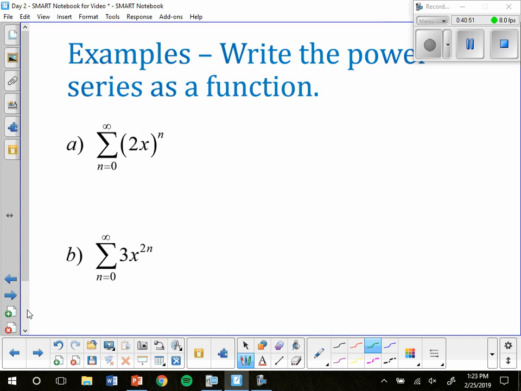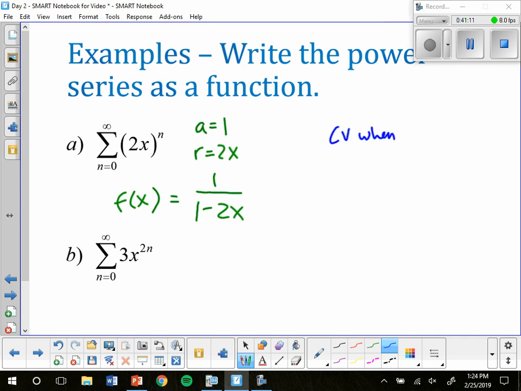So this is pretty easy. All I have to do is figure out what's a and what's r. So this should look like a over 1 minus r. That's what that looks like, and you're done. Except I want to know, when does it look like that? That's only going to be true when r is less than 1.